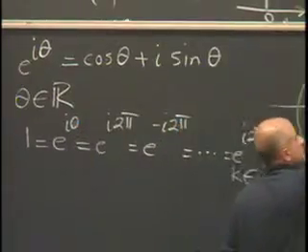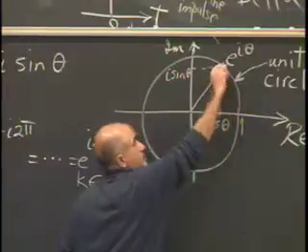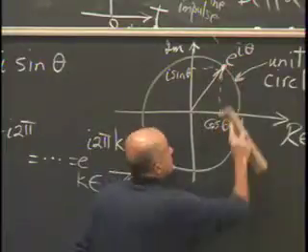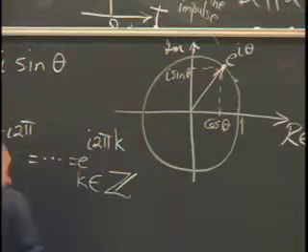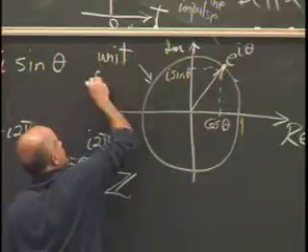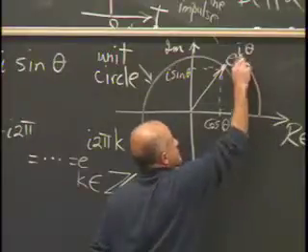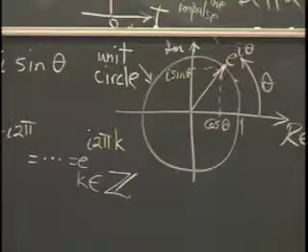Theta is also the angle. Theta is the angle that this point makes with the positive real axis. So let me move this to the other side. And then this angle would be theta.